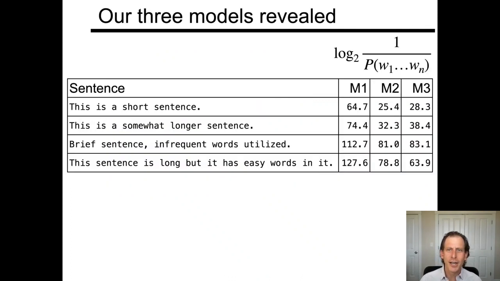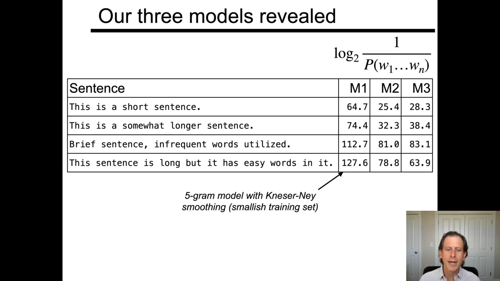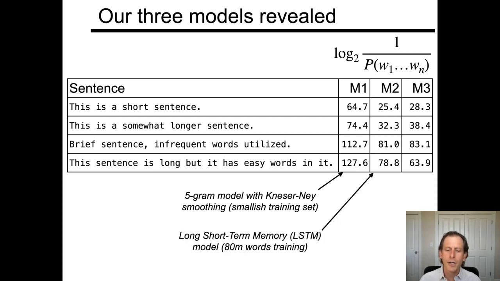I'm now in a position where I can go back to the 3 language models that I introduced to you anonymously, and I'm going to reveal to you their identities. So language model 1 actually is a Kneser-Ney smoothed n-gram model. And you can see that its surprisals are just much higher in all cases than the competitor models. The second one is a long short-term memory model. That's our neural architecture that we'll cover later on in the semester, with 80 million words of training data.